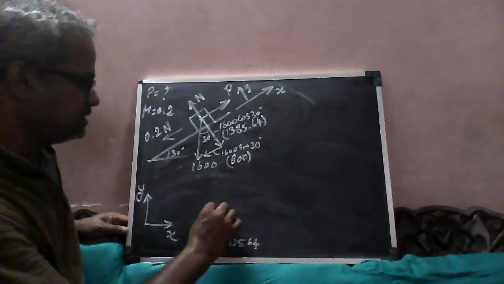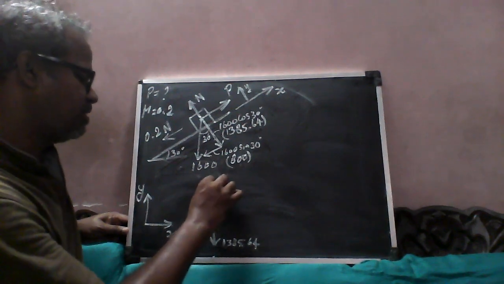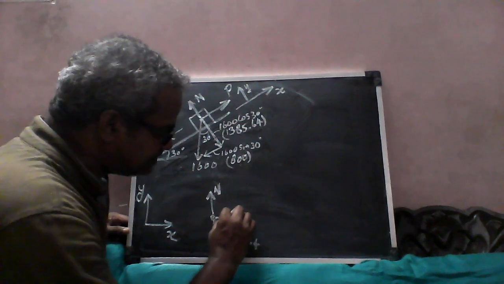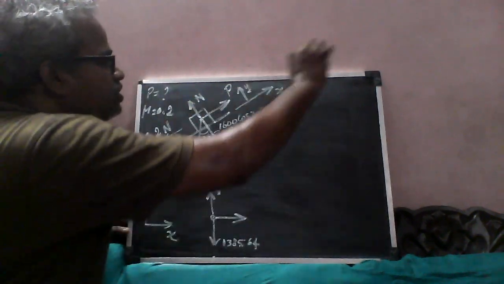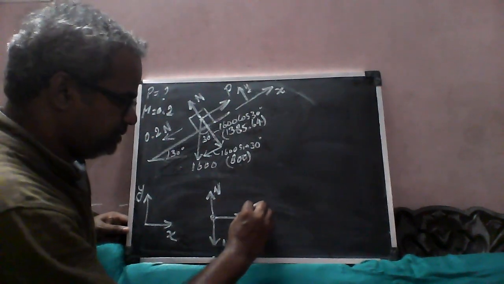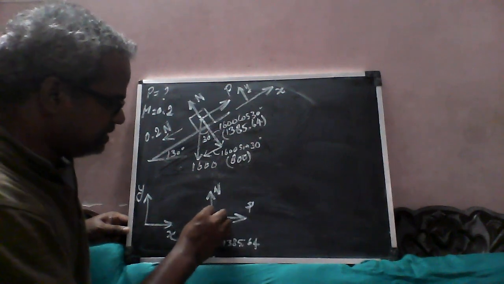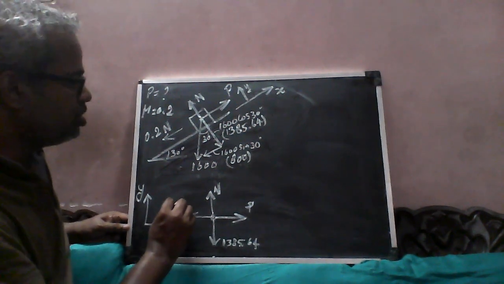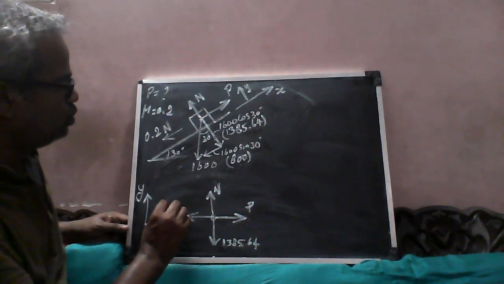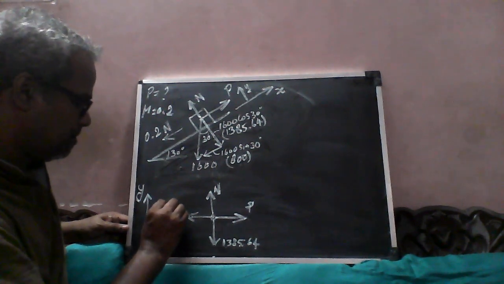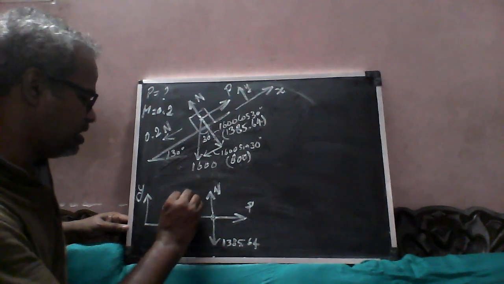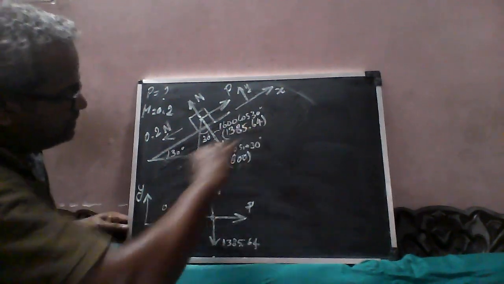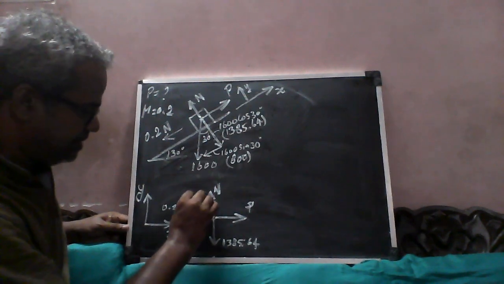Along y-axis the upward force is N. Along x-axis the horizontal force is P. Along x-axis the negative horizontal force is 0.2 N, plus one more component I have on the negative x-axis, that is 800.